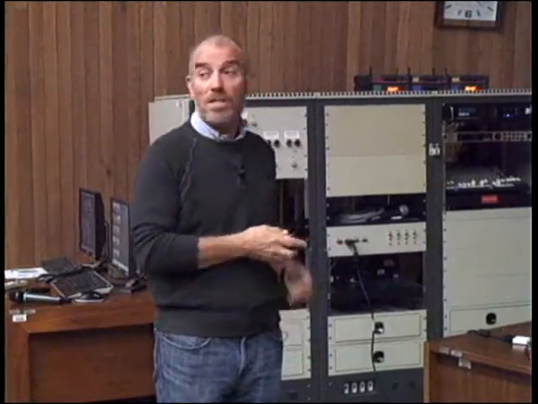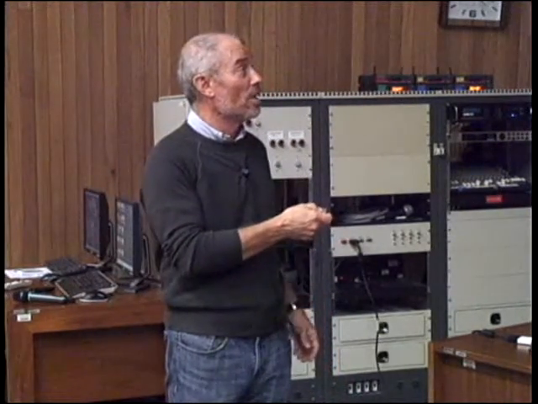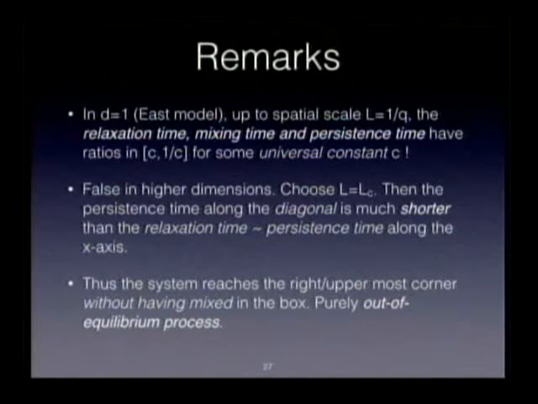Of course, this is true only up to this scale, because for very large scales, much larger than 1 over q, the mixing time must be at least linear, while the relaxation time behaves essentially like a constant, of order 1, so they are very, very different. But up to this scale, they are just the same.